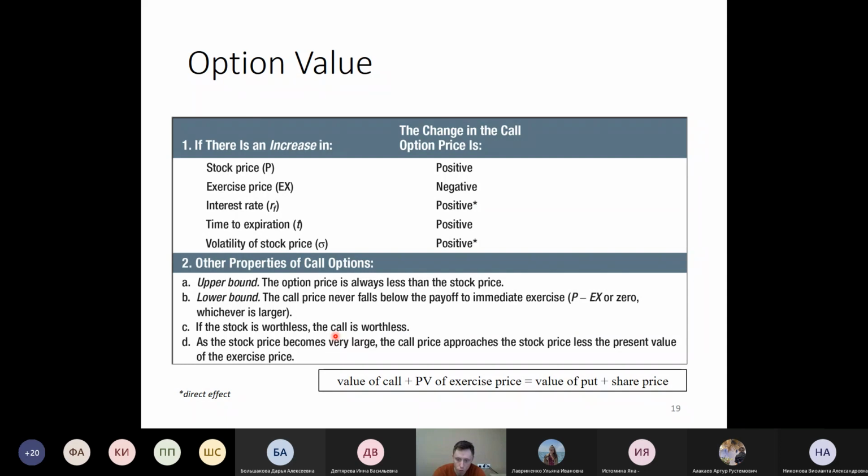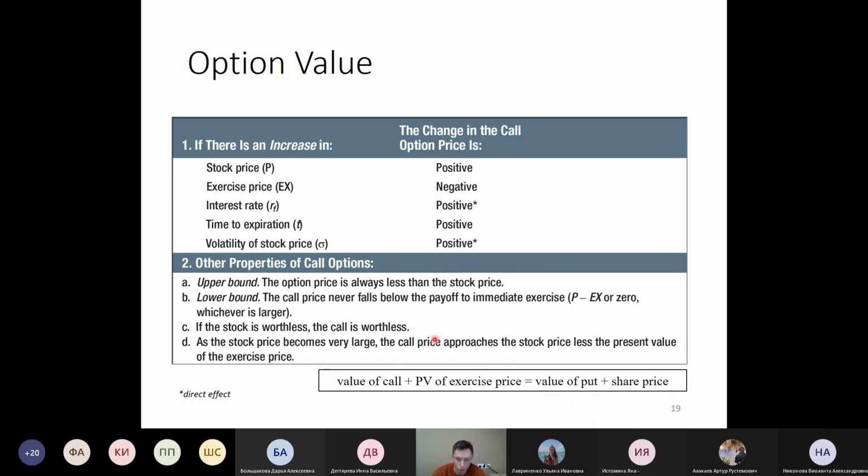Here I included this from the book. This is the effect of changes of different factors on the value of the call option. And most of those changes can be derived from the formula.